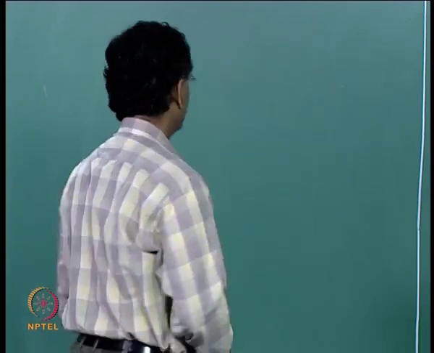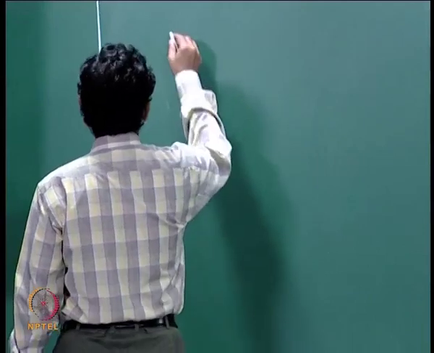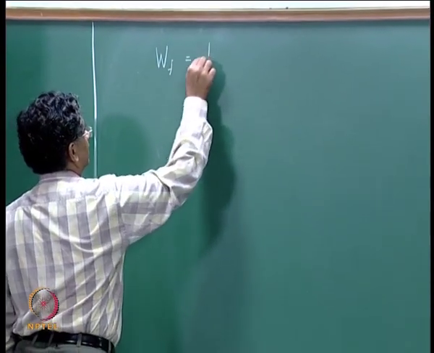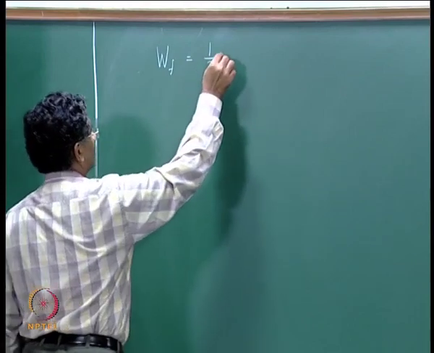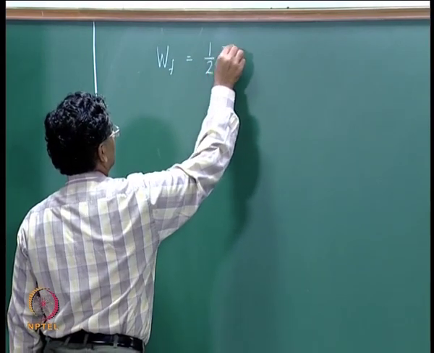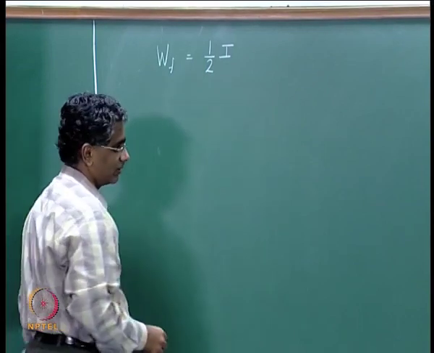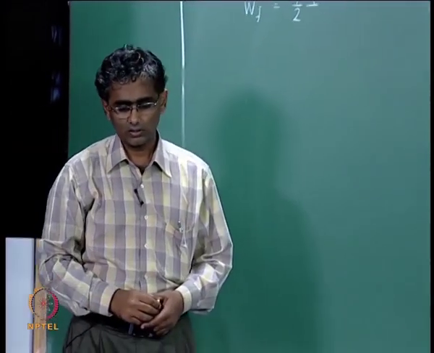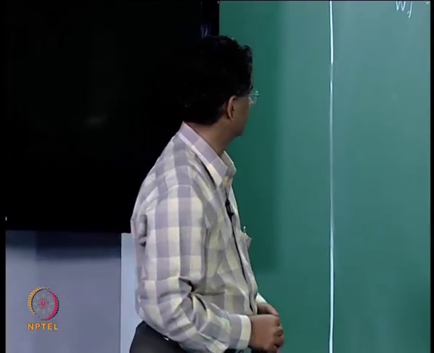We saw that the field energy Wf can be written in a vector form, using vectors for the various excitations that are given into the system.